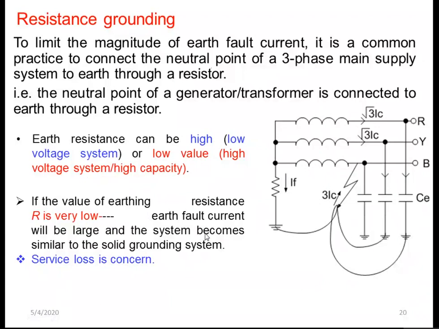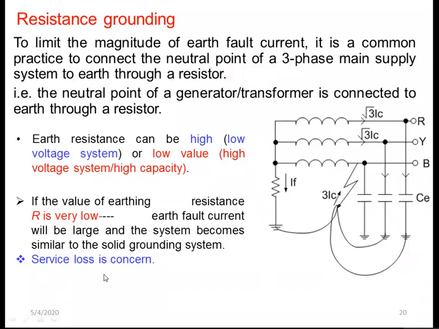Now, for the case of low resistance grounding, if you want to operate in a safe manner, then the fault circuit has to be removed. Thus, this will restrict the service operation, because if a line to ground fault occurs, we have a very high magnitude of fault current, and this will result in service interruption or service loss.